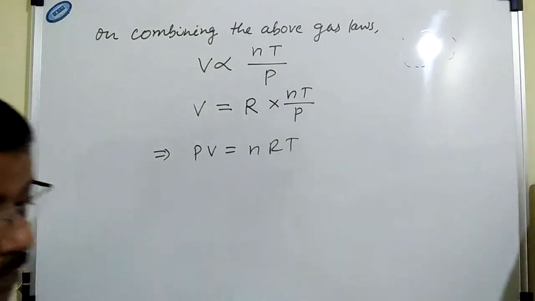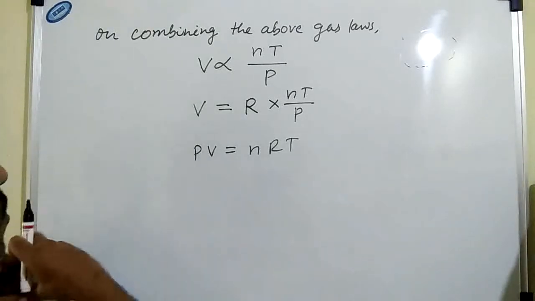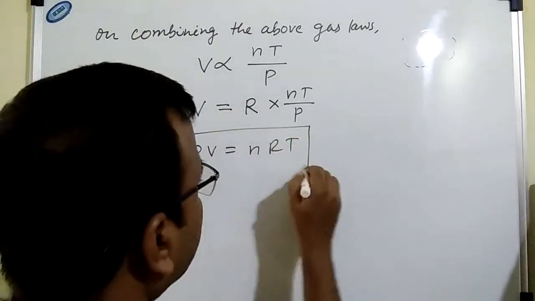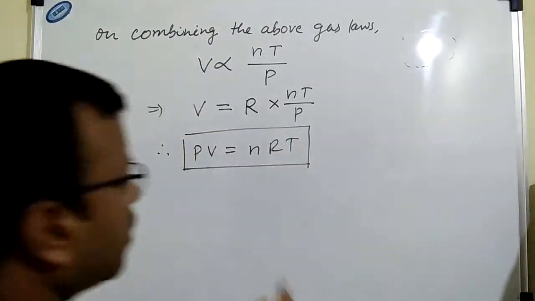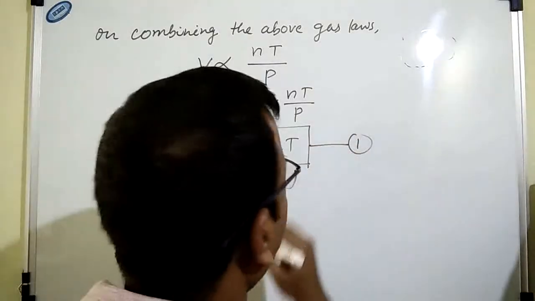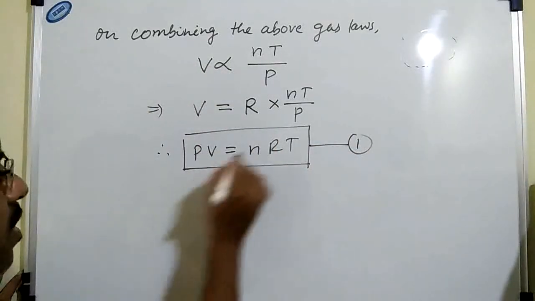Here see, PV = nRT. So this is equation 1.